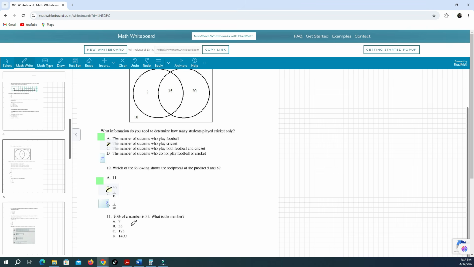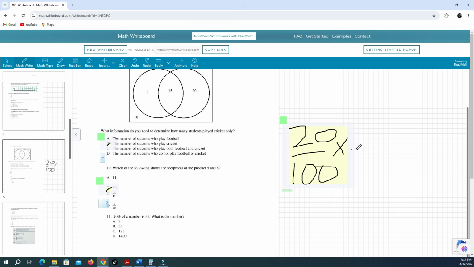Okay, so number 11. 20% of a number is 35. What is that number? So to work that out, I think you need to say 20% of a number. 20% of means multiplication.